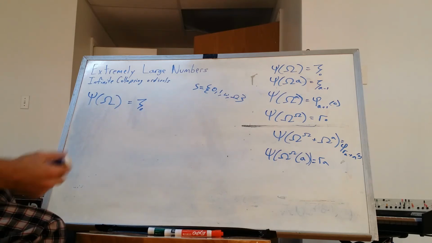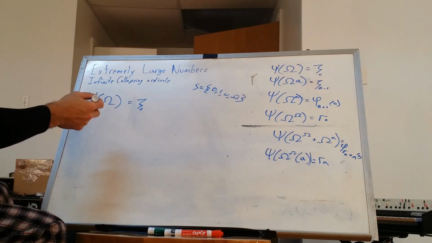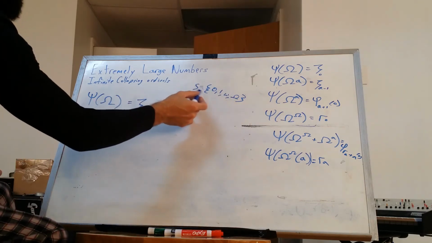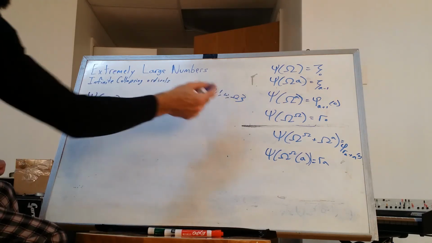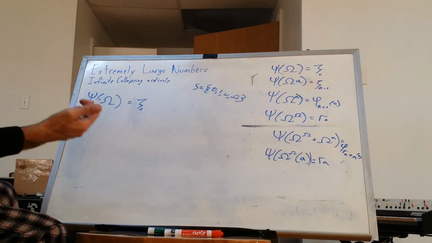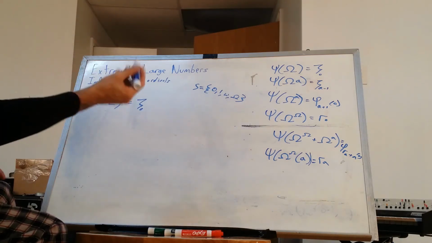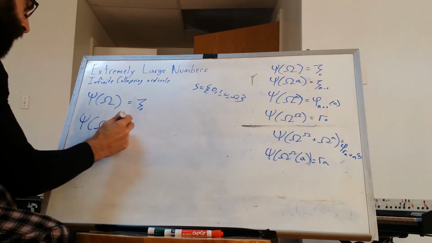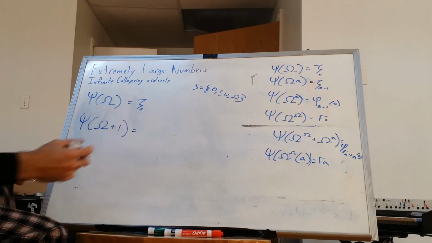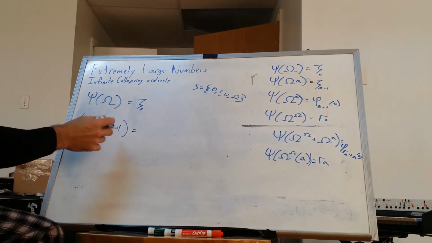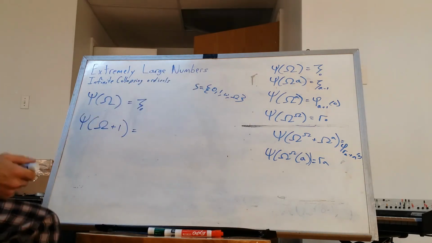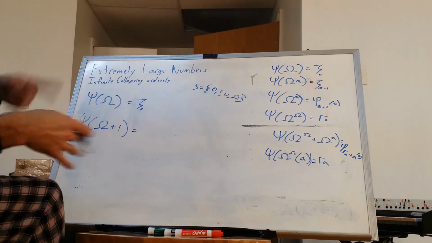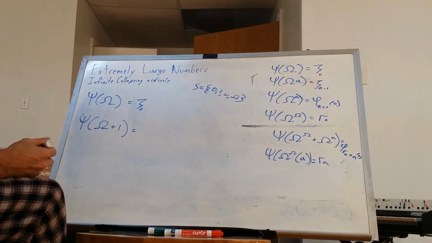Well, now we can do something a little bit tricky, because capital omega is in our original set S, and in our original set S, we're allowed to do things like addition, multiplication, and exponentiation. So we're allowed to do things like psi of omega plus 1. We can do this because we artificially put it in there so that we can continue on and do operations. So this is going to continue the trend.